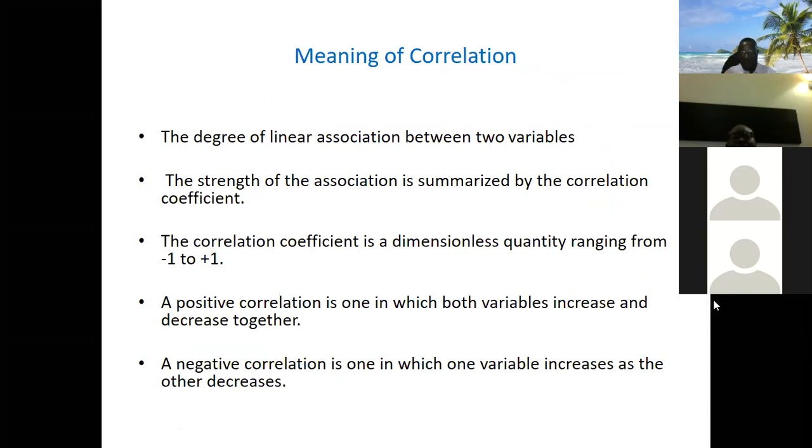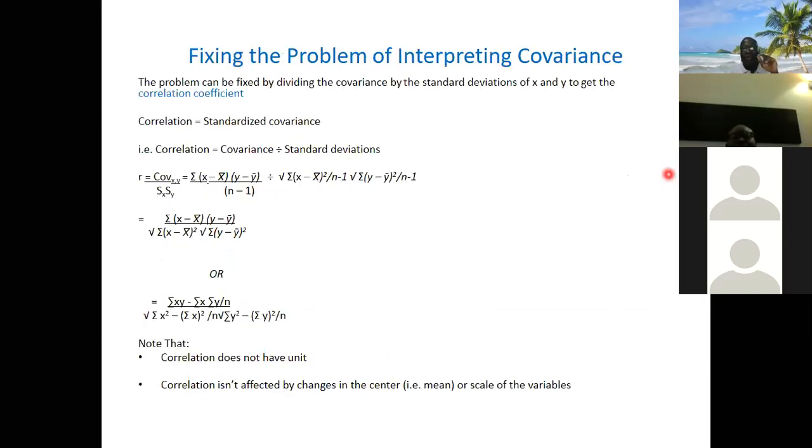Now, the formula we just got for correlation, you notice one thing there: the numerator can never be greater than the denominator. When the numerator is greater than the denominator, what you have will be more than 1. So the best that can happen is that both the numerator and denominator are the same in value.